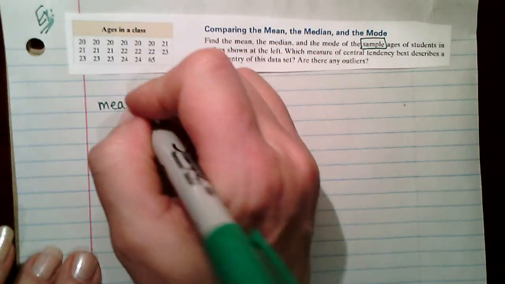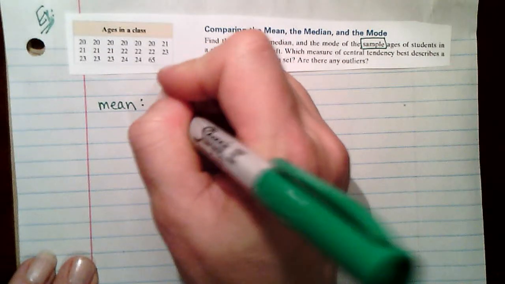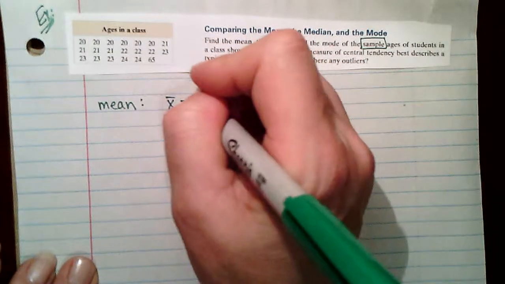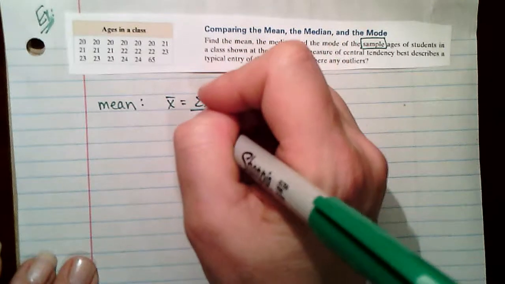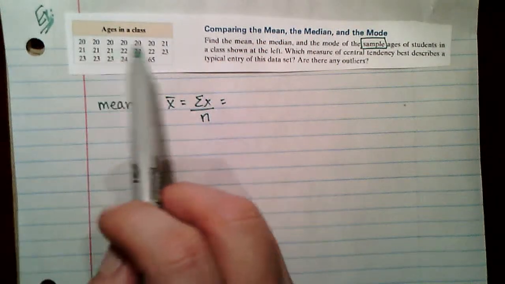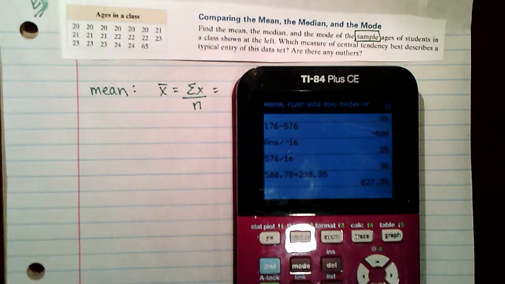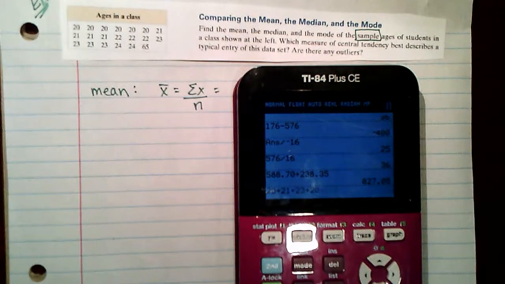So the mean, since it's a sample, the symbol we use for mean is x bar. And remember that x bar is the sum of the data values divided by the sample size. So the first thing we need to do is add up all the data values. That just takes a little bit of time, your calculator, and being careful.